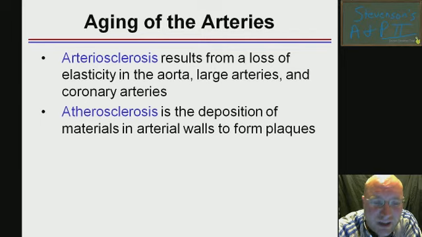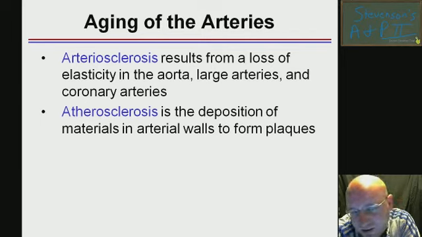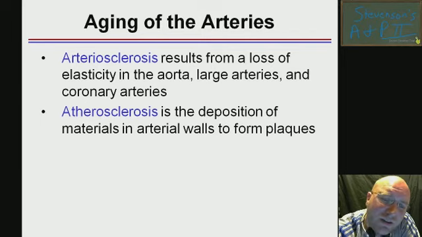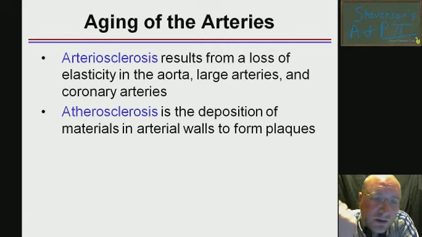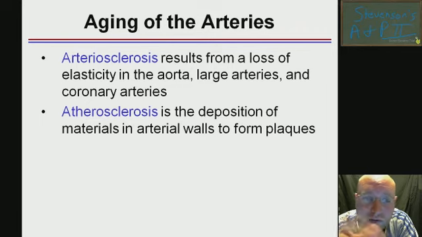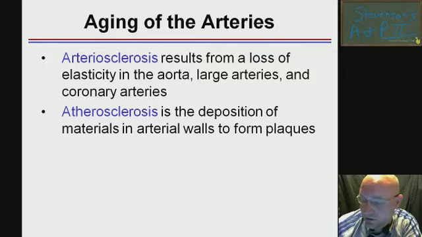Over time, they start to not expand so much, and they start to collect cells, and they start to get hard, and then you get to atherosclerosis. This is where the depositing of material, like high cholesterol, builds up in the arteries and prevents blood flow because of the development of plaques in those arteries.